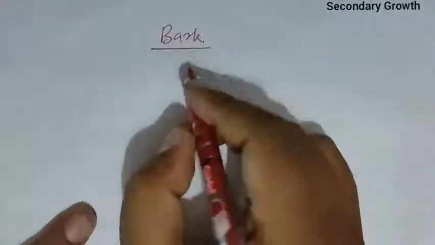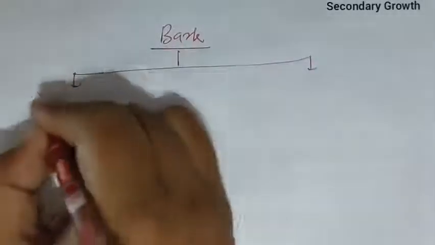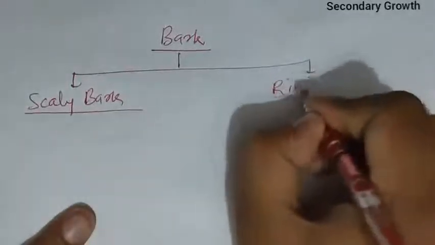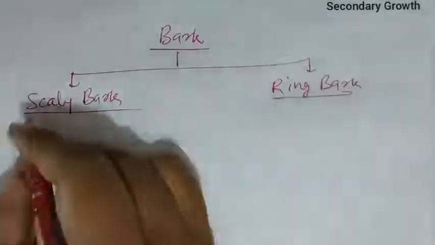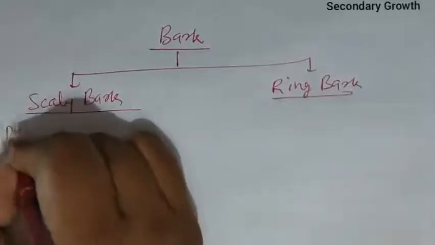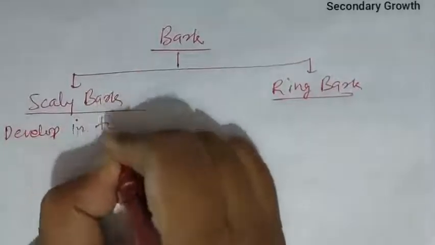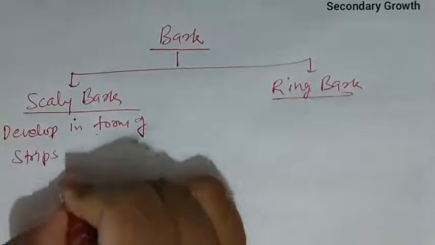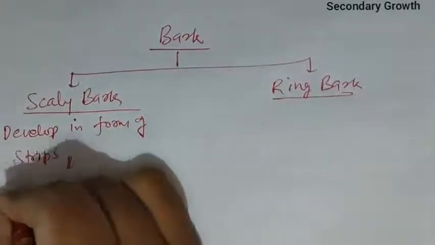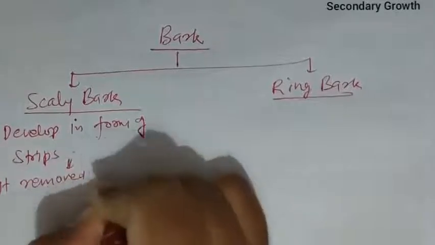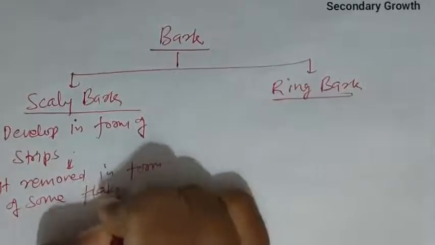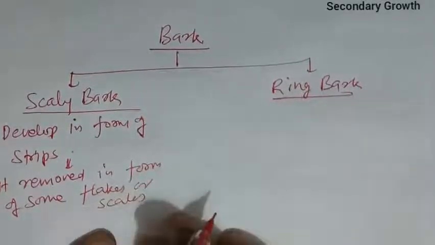Next, another classification of bark we talk about, and that is bark is of two types, scaly bark and ring bark. Scaly bark develops in the form of strips, so it is removed in the form of flakes or scales, then it is known as scaly bark.